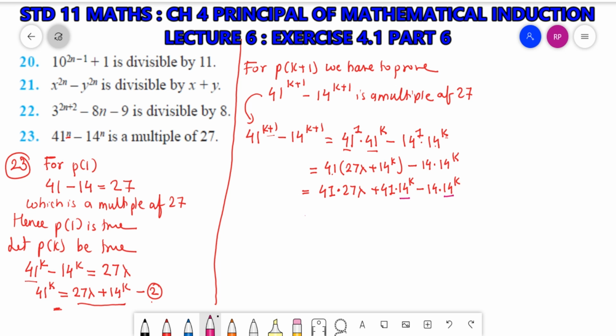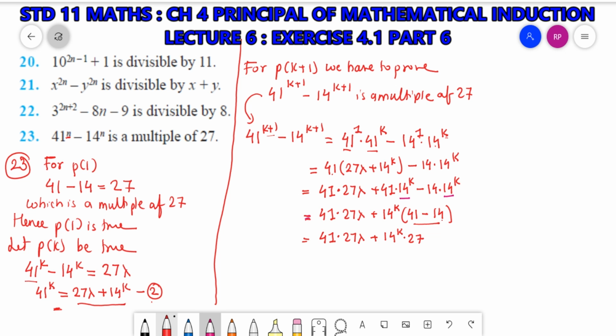So this will be equal to 41 into 27 lambda plus 14 raised to k, I will take it as common, into 41 minus 14. So 41 minus 14, that is 27.